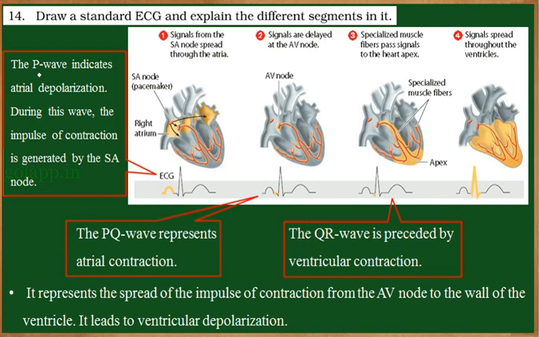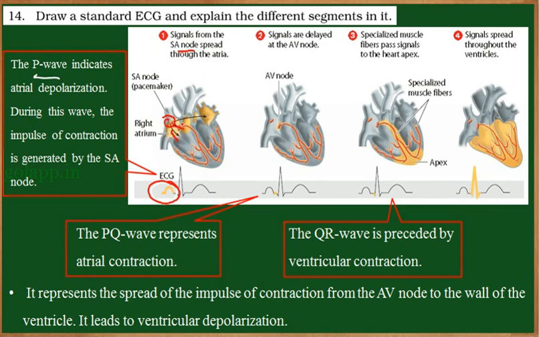Now the first one is the P wave. Here we can see this yellow color form represents the P wave. This P wave indicates the signal produced by the SA node. So here is the SA node. Once the SA node produces the signal, the P wave indicates that the SA node is producing the signal, and this signal spreads to the atria.